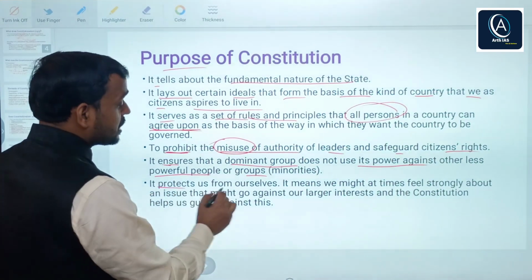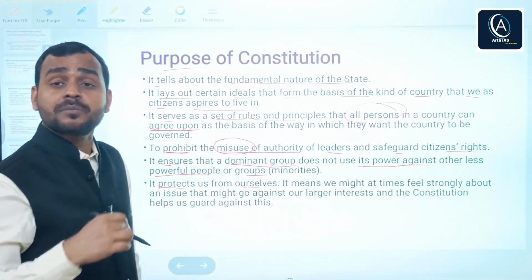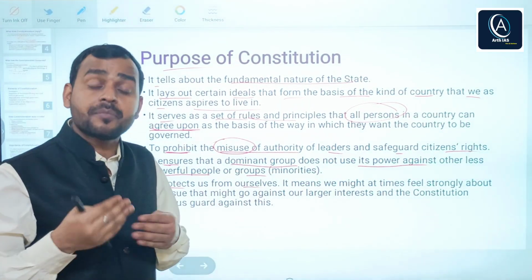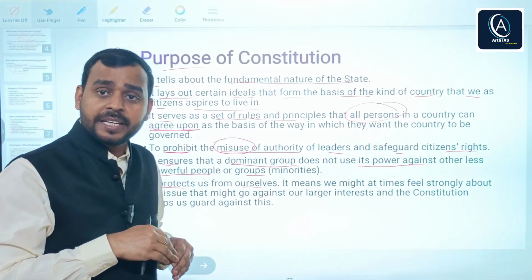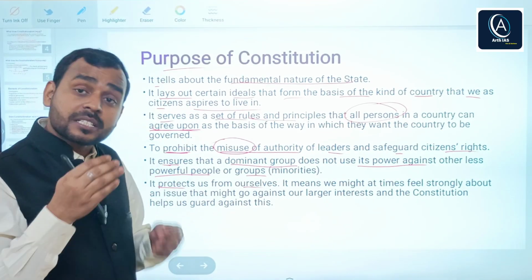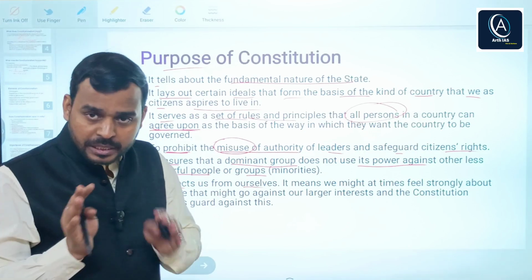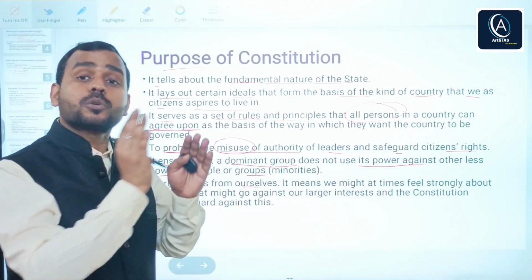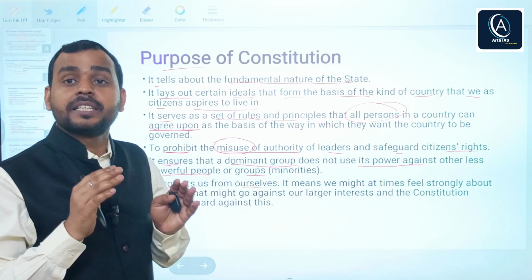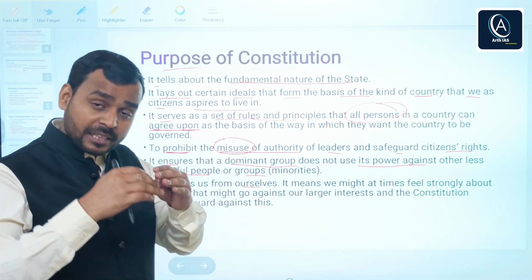Again, it protects us from ourselves. How? We, the people, have framed the constitution, but it protects us from ourselves. It simply means when certain elected leaders go to the parliament or state legislature, they can misuse the power, and they belong to us.